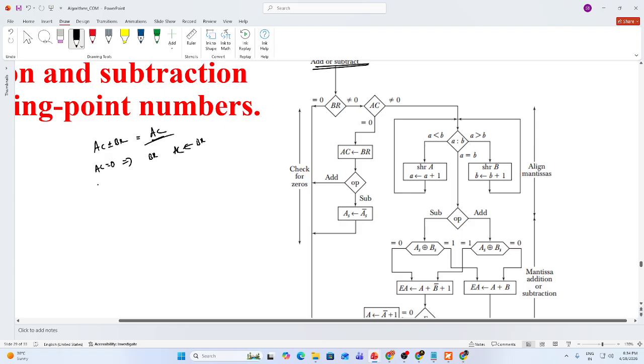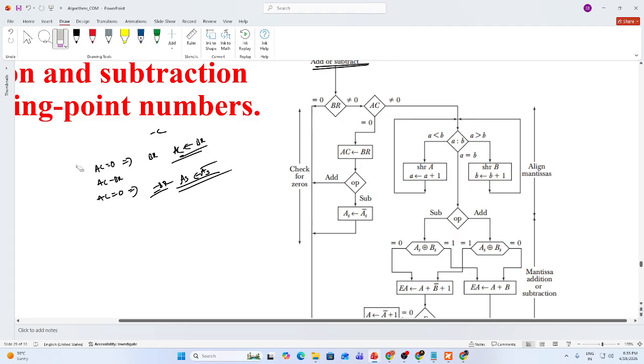But in case of subtraction, if AC equals 0, the result is minus BR. I already transferred the magnitude, BR exponent and mantissa, to AC. I need to reverse the sign. For reversing the sign, what do I need to do? AS bar, I just need to complement the sign. So this is handling the zeros.